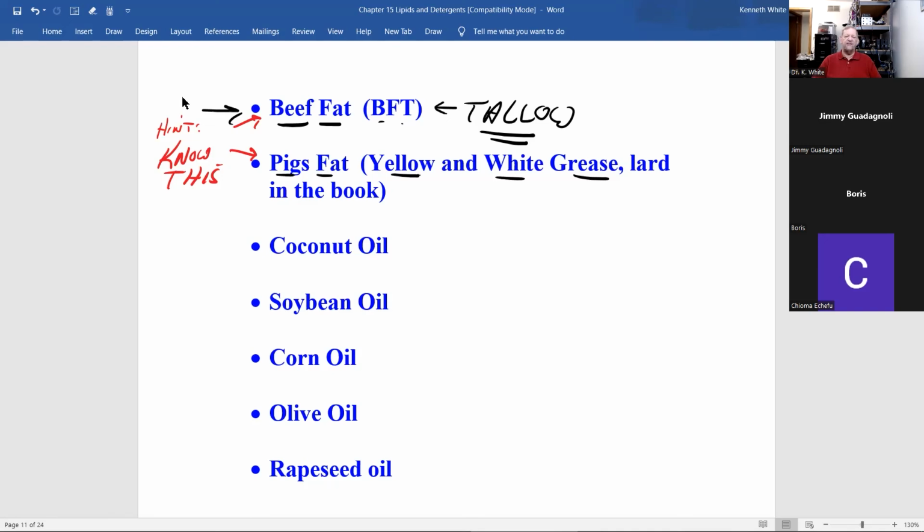Now, pig's fat and beef fat, tallow, and white and yellow grease are very important chemicals that are used to make many, many things you use in your daily life. How important? Well, guess what? If you know where to look, and I do, you can see the weekly cost price for tallow, yellow grease, white grease.